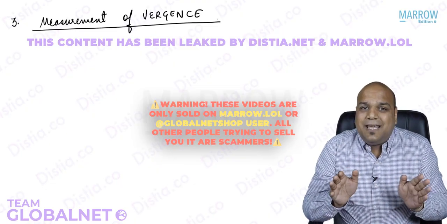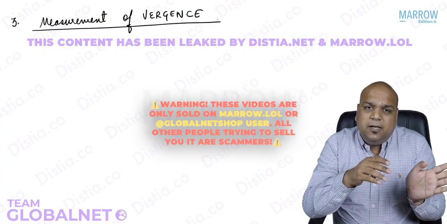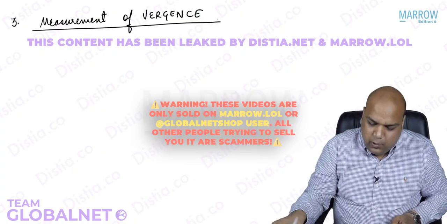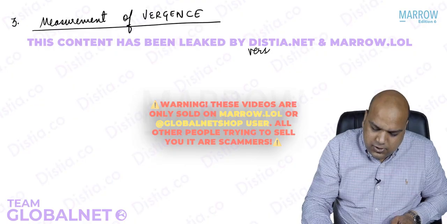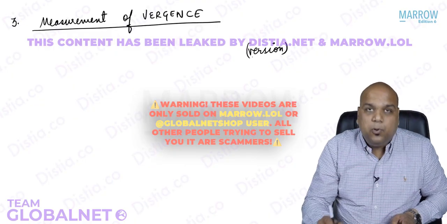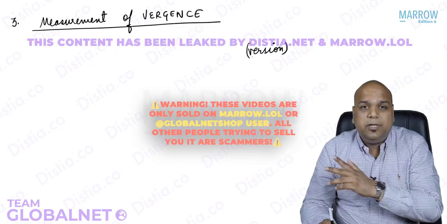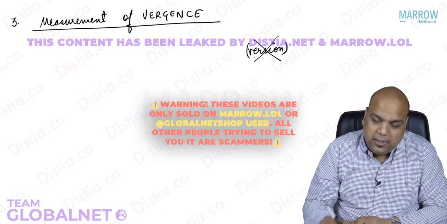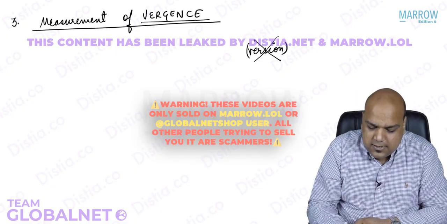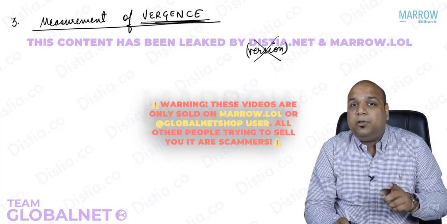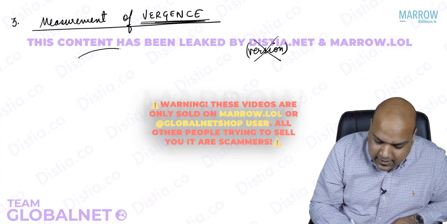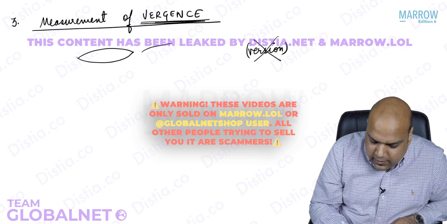So when I say both my eyeballs move in the same direction, we call it version movement. I hope you remember. Version movement. Yes? Both the eyeballs looking up, both the eyeballs looking left, both the eyeballs looking right. But here we are talking about vergence. Vergence means both the eyeballs looking in different directions. Let me give you an example.